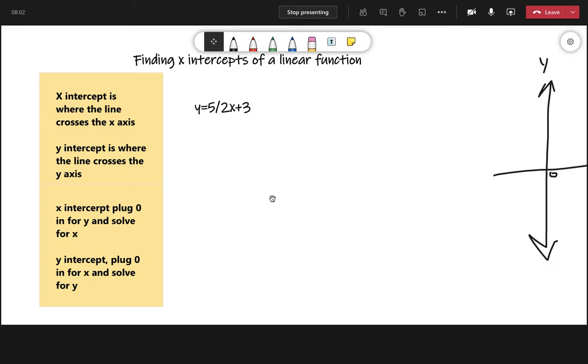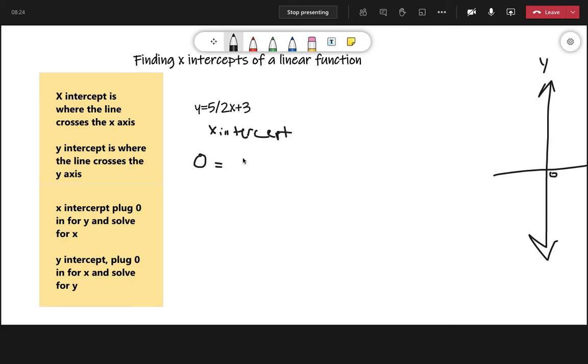Okay, so for this one, let's solve for our x-intercept first. If we're trying to find our x-intercept, we plug in 0 for y.